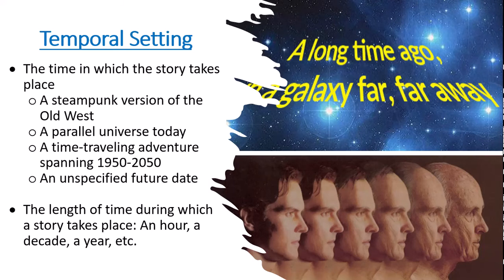The temporal setting also refers to the length of time during which a story takes place. So it could be an hour, a decade, a year, a number of years, and different books that we're looking at have various lengths of time. Ender's Game, which we're going to read, takes place over the course of many years.